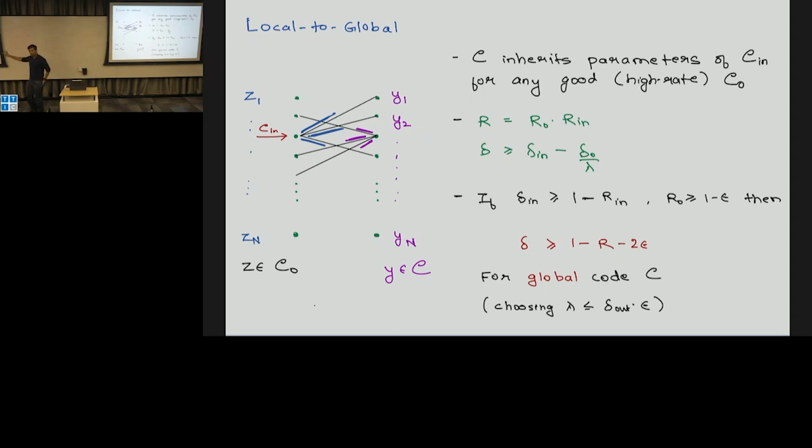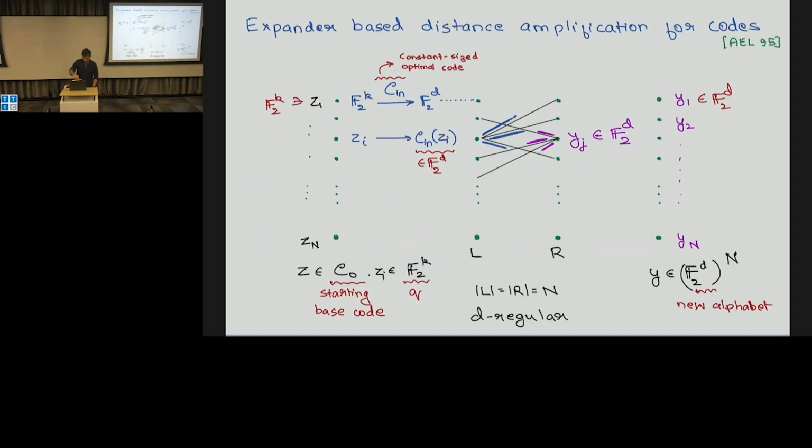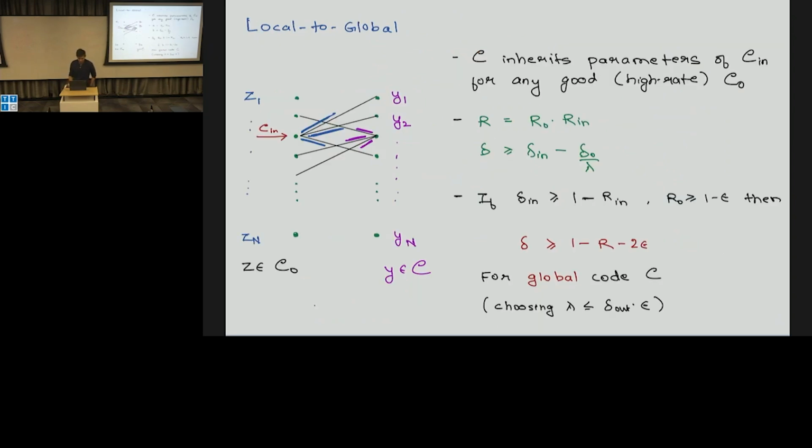Is the claim okay? I'm not proving it. I'm just seeing if people understand what the statement means. It gives me a way of taking a good code on 10 bits and creating a good code on any number of bits I want, as large as I want. And as long as this small code had good properties, we can prove that this whole code has good properties.